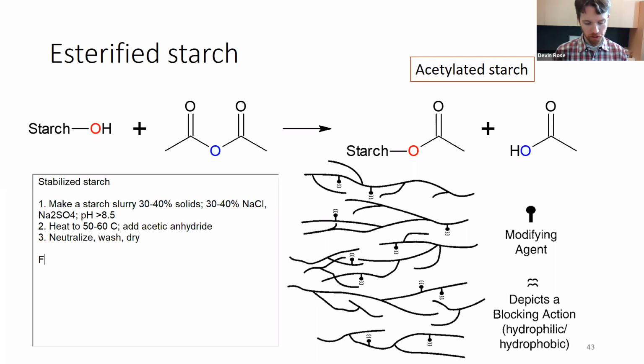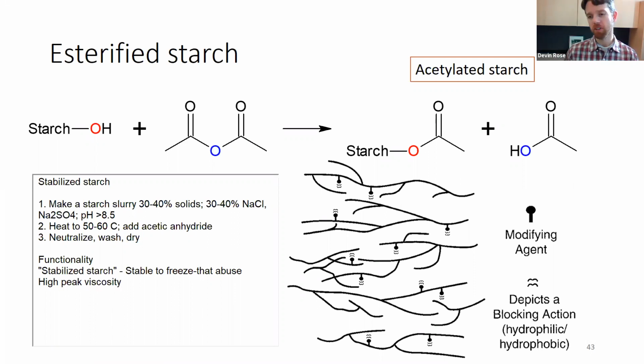And its functionality is it's called a stabilized starch. So it must be stable. So it's stable to freeze, thaw, abuse? It's going to have a very high peak viscosity.